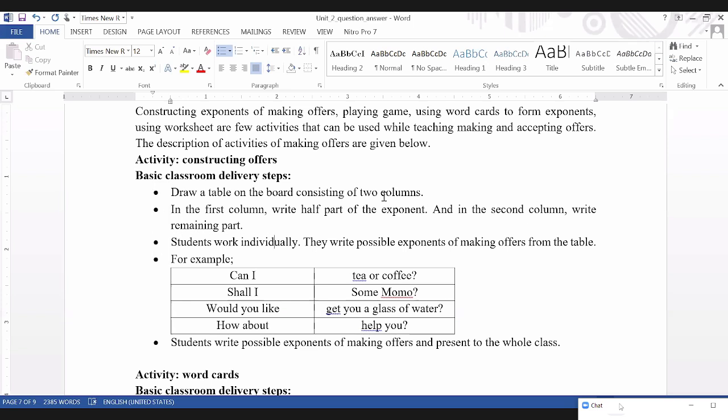If students work individually, they write possible exponents of making offers from the table. For example, can I, should I, would you like, how about. They match and make possible exponents.